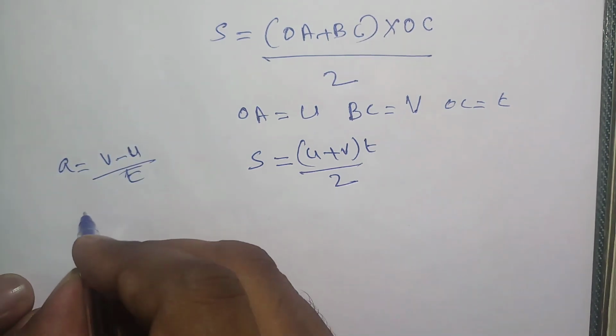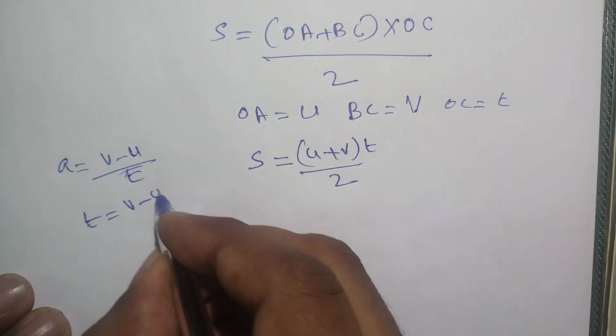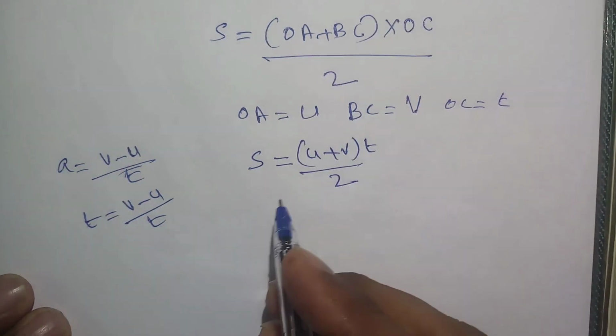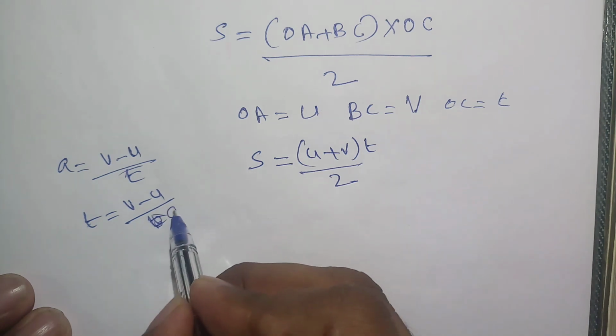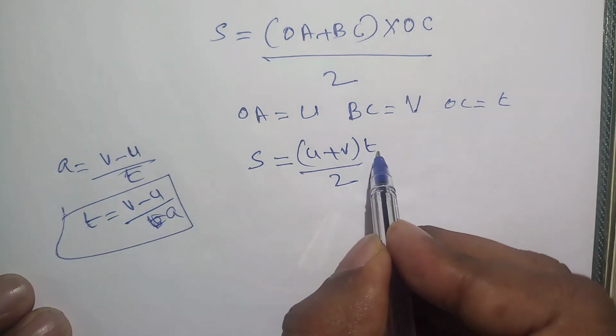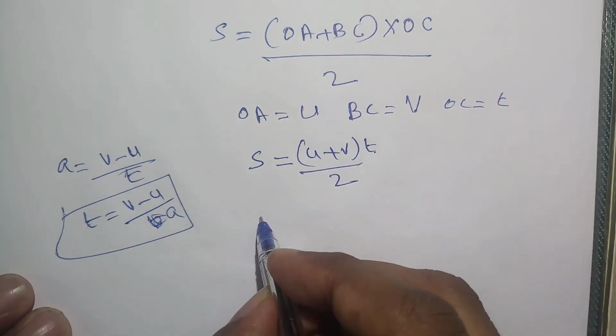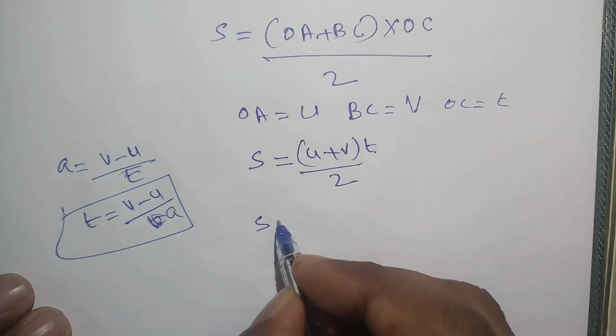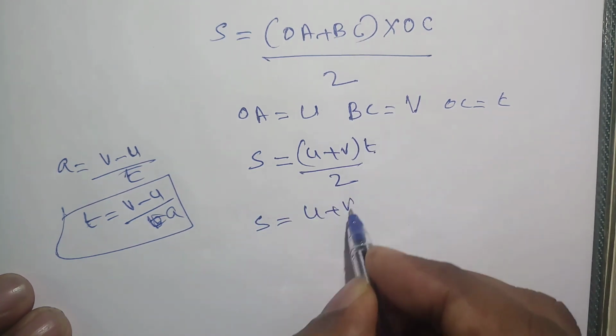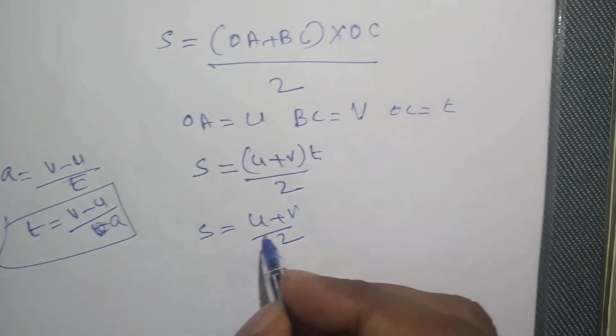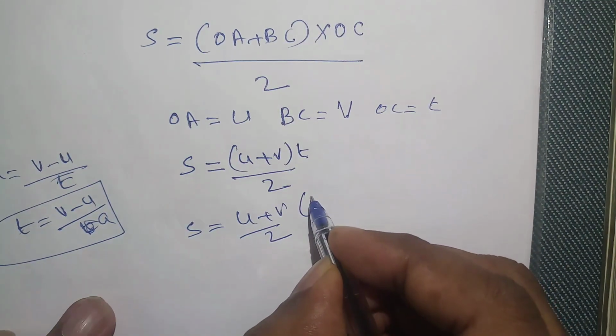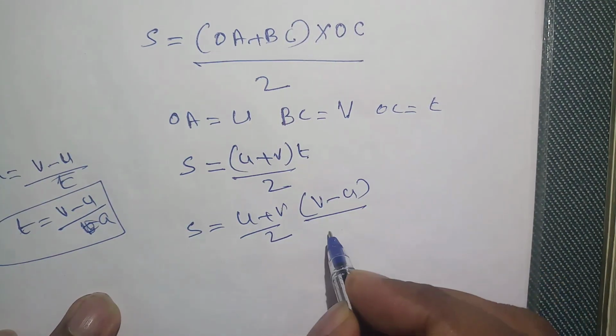If you take t here, t is equal to (v minus u) by a. So this can be substituted here for t. So what will you get? s is equal to (v plus u) by 2 into (v minus u) divided by a.